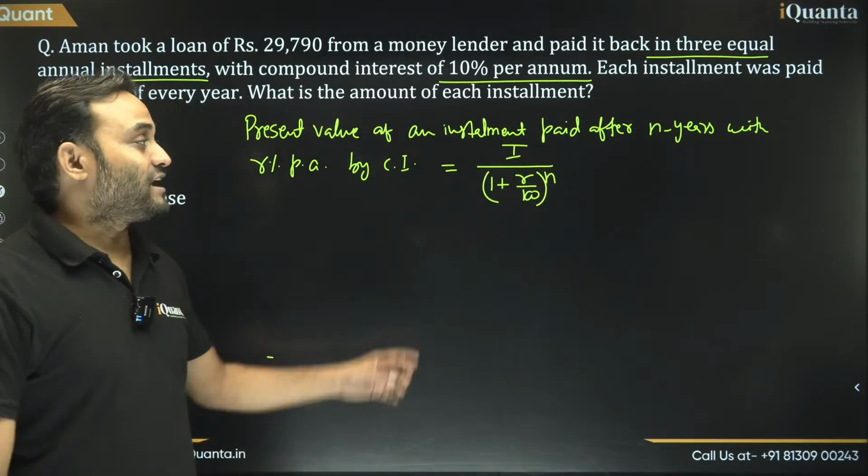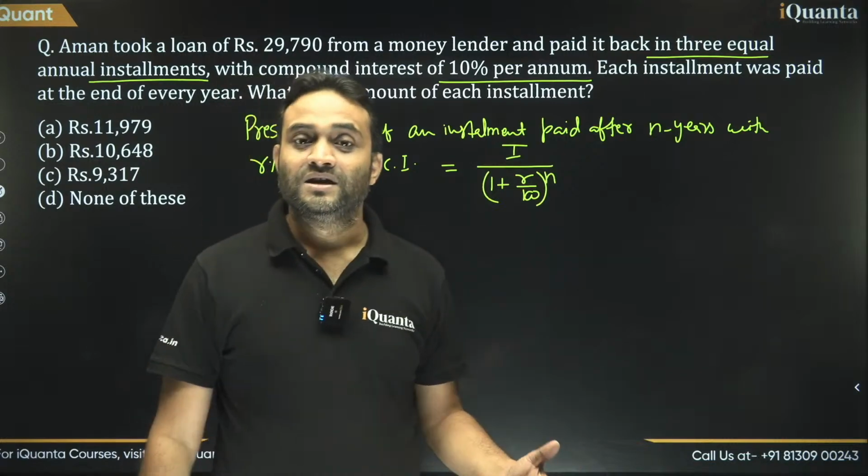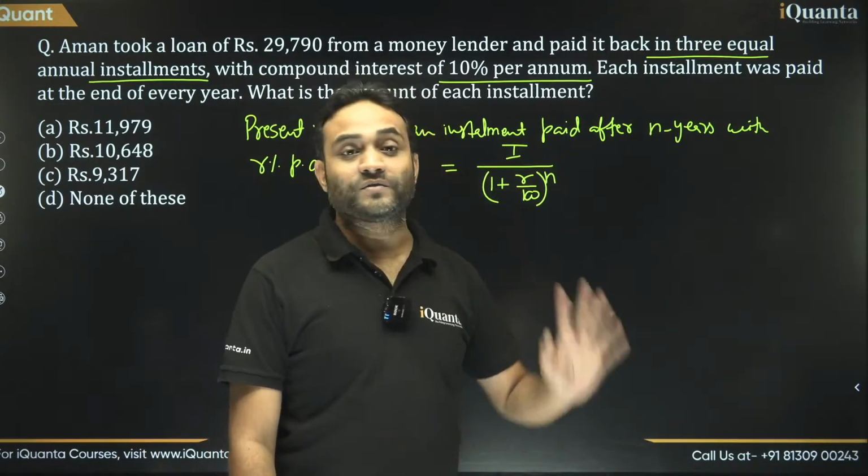This is the present value of any installment you can find which is being paid after n years with rate of interest being R%.